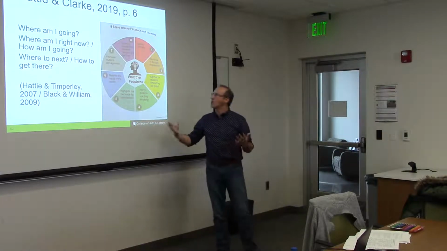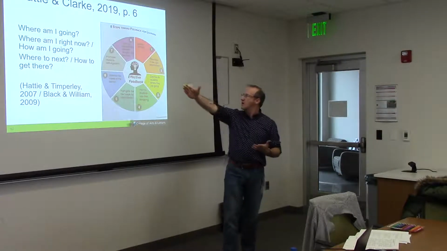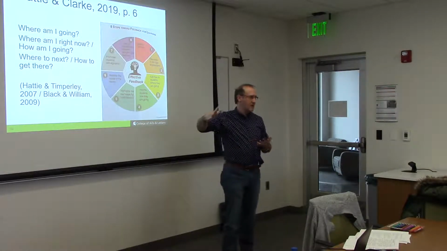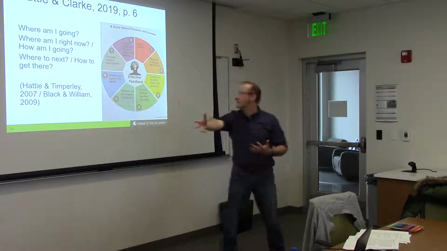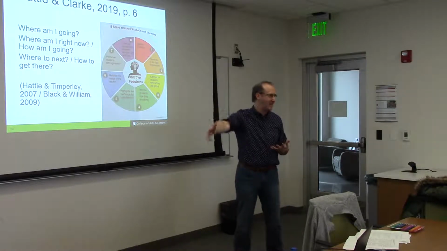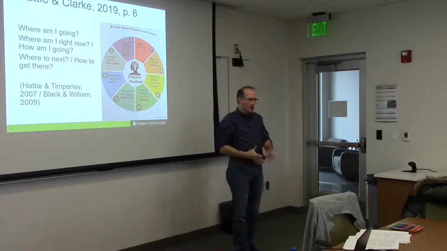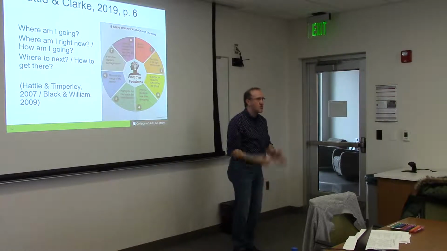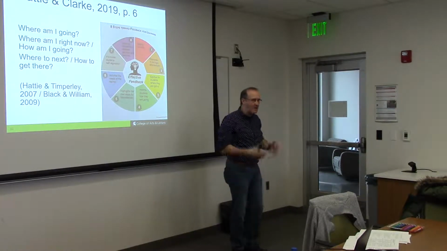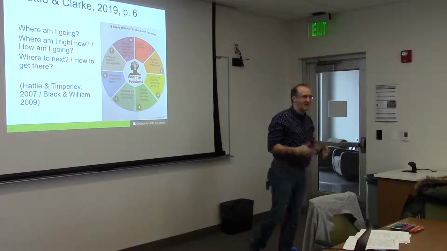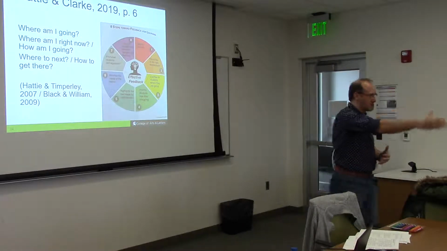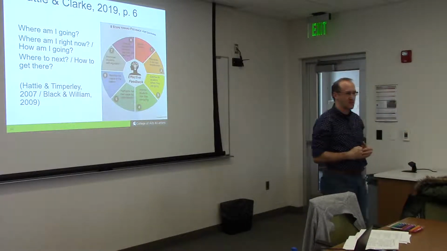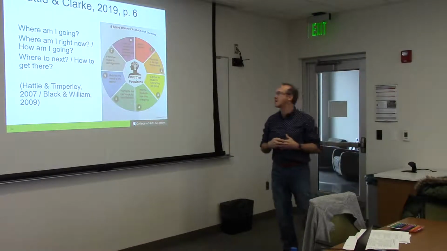Feedback has to go: where am I going? And where am I right now? And how am I going where I'm going? So how to get there? It has to be not only where am I now, but where do I have to go? And how can you provide me with feedback that helps me to go that way and to go to that particular goal?